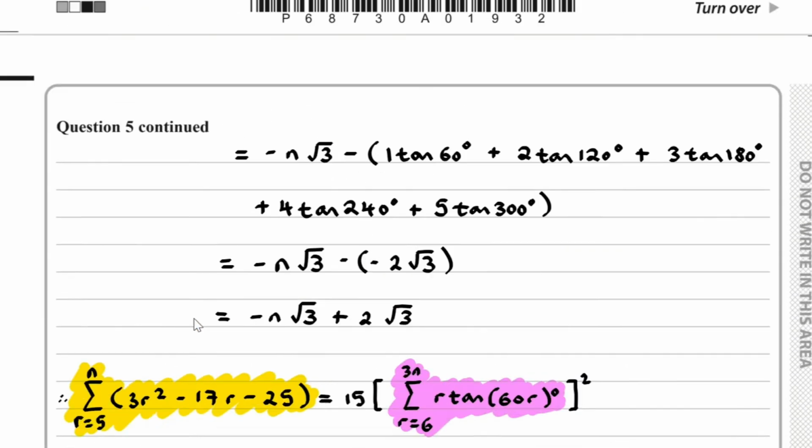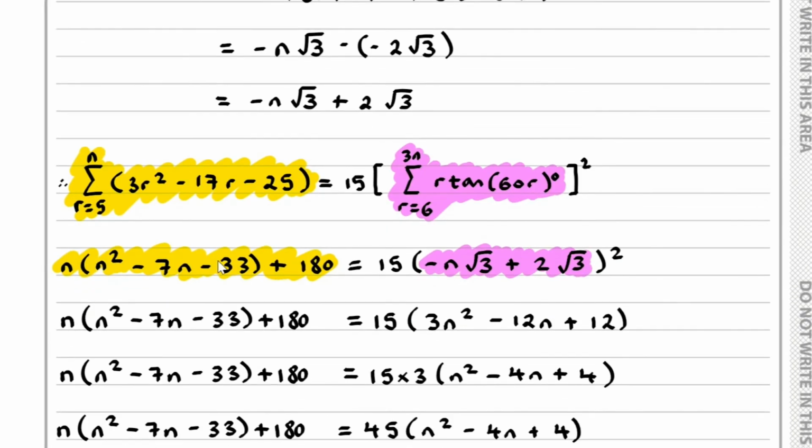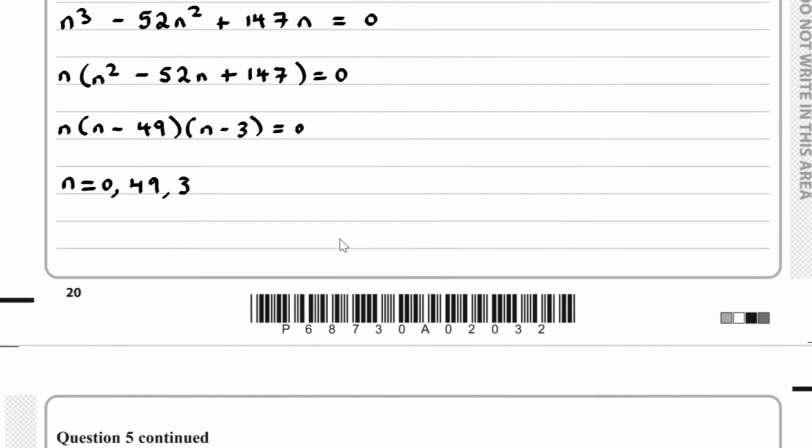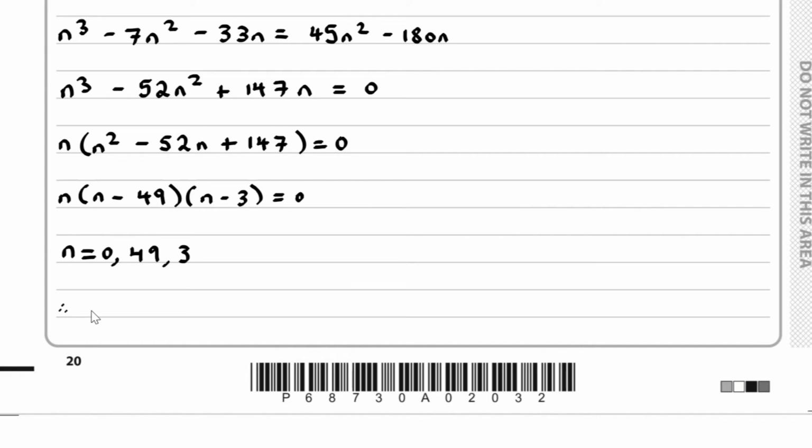And if I go back to the problem we're actually solving, well, r definitely has to be bigger than 5 for this sum to work. And so what we can conclude from here is, as n must be greater than 5, n equals 49 is the only solution.